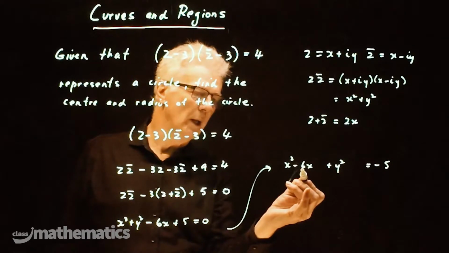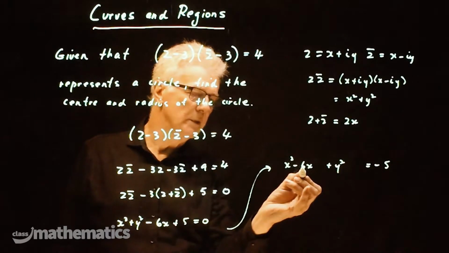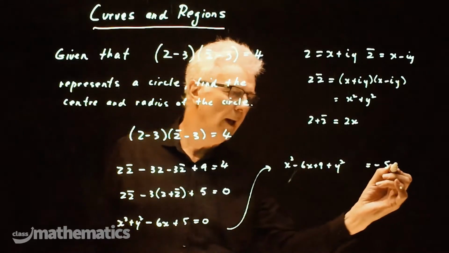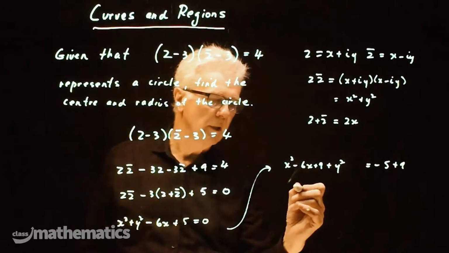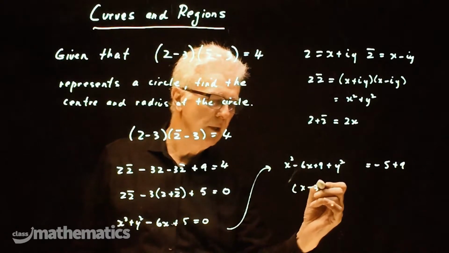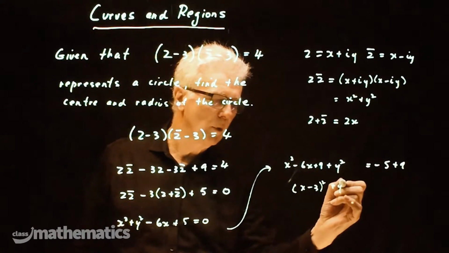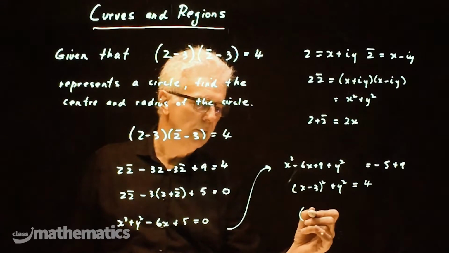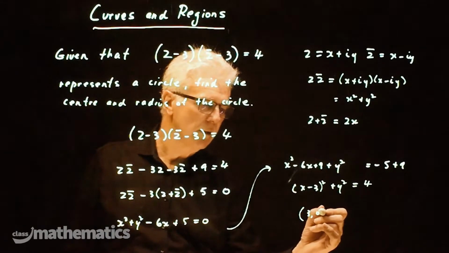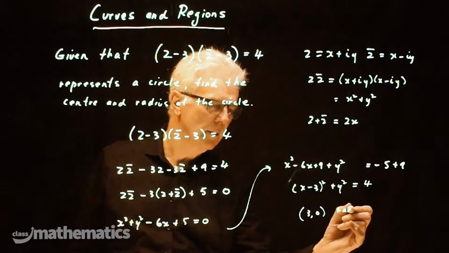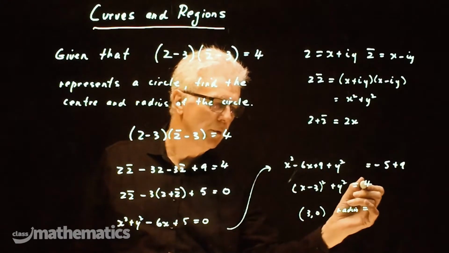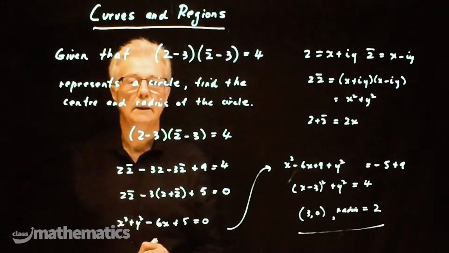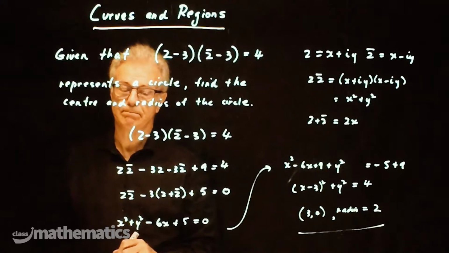Now completing the square here, half that number is minus 3, squared you get 9, add 9 to this side. This becomes (x minus 3) all squared plus y squared is equal to 4. So this is the circle, centre (3, 0), and the radius equals the square root of 4, which is 2. Done.